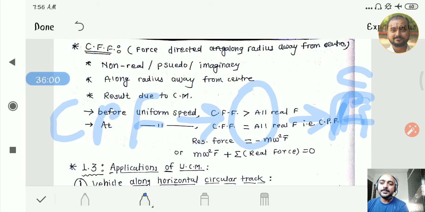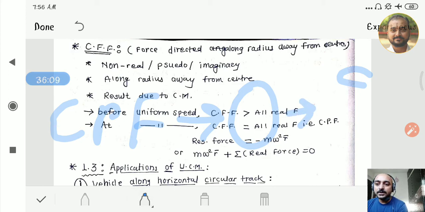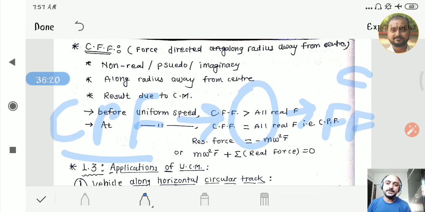Okay, remember what I am saying. The circular motion is produced due to the centripetal force, and the circular motion results in centrifugal force.